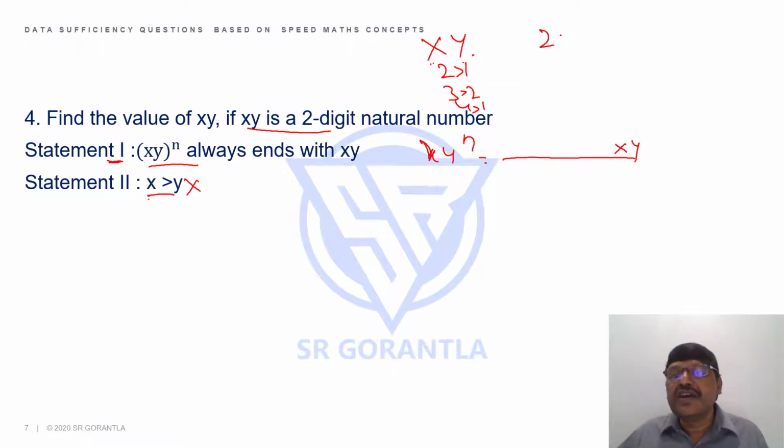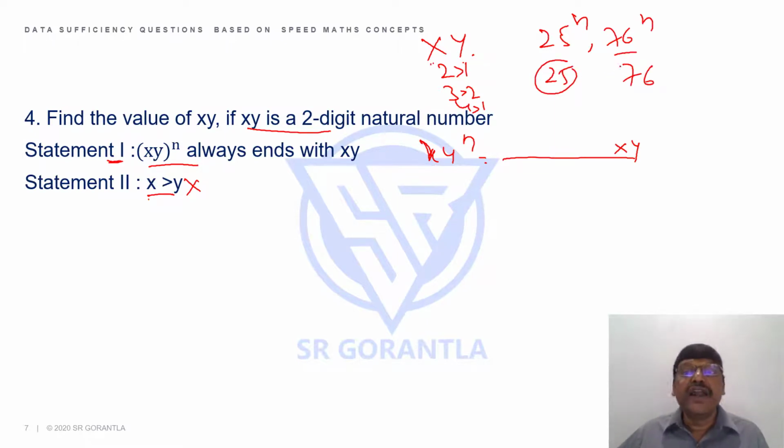What are they? 25 and 76. 25 power n always ends with 25. 76 power n always ends with 76. I told you 00 power n also ends with 00, and 01 power n also ends with 01. But 01 and 00 cannot be considered 2-digit numbers. Right, students? So from this, xy whole power n always ends with xy means xy is either 25 or 76.